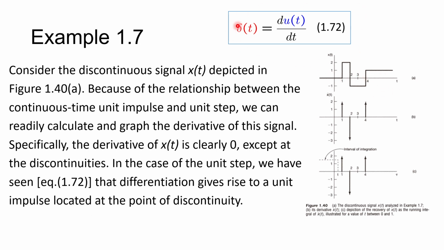And we'll keep using this relation that the delta function is the derivative of the unit step function. This thing kind of looks like a unit step function, but instead of just one step, you have one step going up, another step going down, and another step going up.